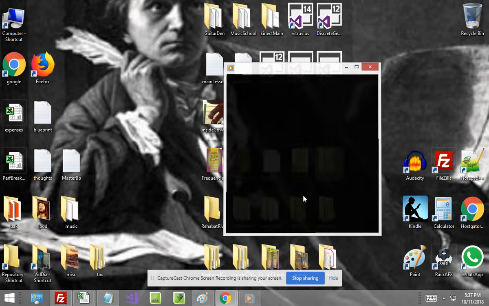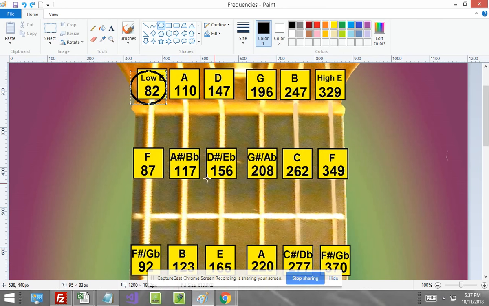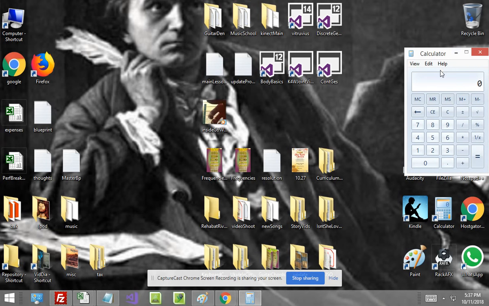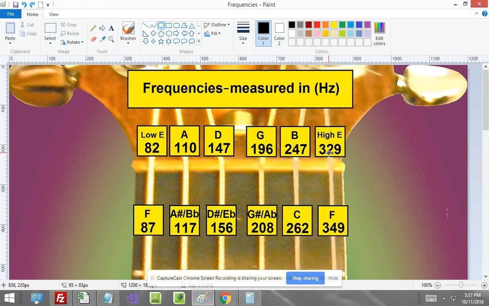Let's go a little further with this because it gets even more amazing. See this high E right here? It sounds like this. Low E, high E, low E, high E. Same note, different frequency. Let's look at this number, 165. Let's go back to our calculator. 165 times 2 is 330. Actually 329.